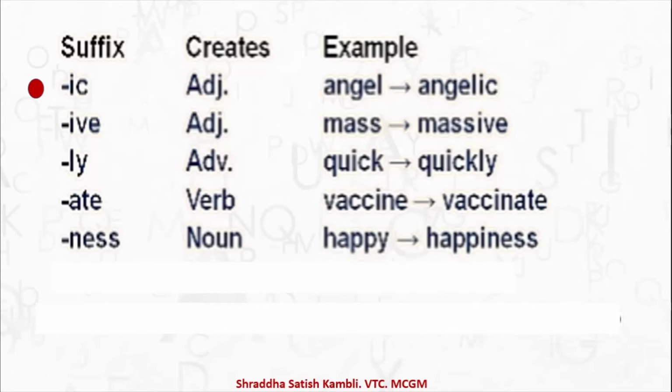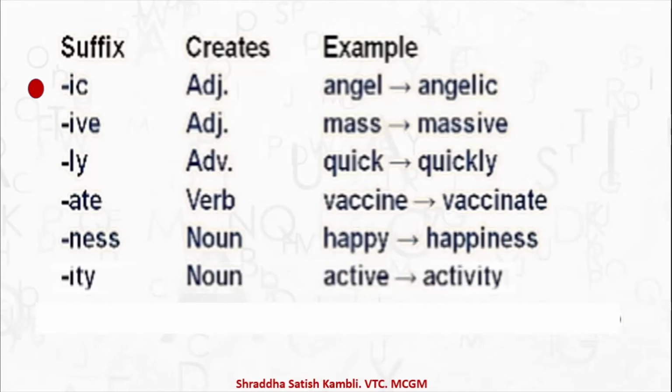See, when you add ness, it changes happy, an adjective, into a noun, that is happiness. So it can also change an adjective into a noun. Not only a noun into an adjective, but also an adjective into a noun. Let us see some more examples. See, when you add ITY, it again changes an adjective into a noun.